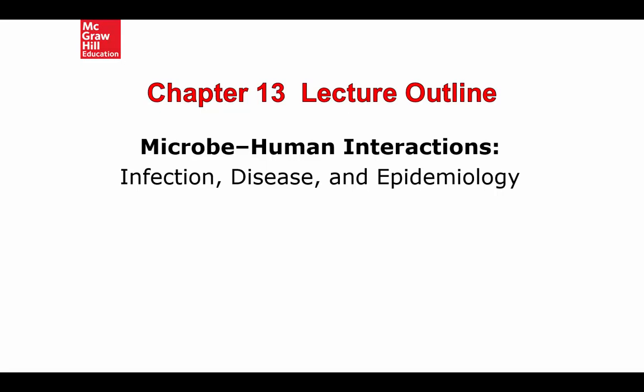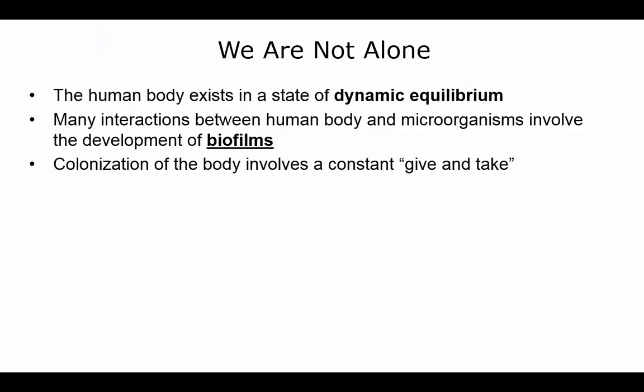Today we're looking at Chapter 13, how microbes and humans interact to cause infections and diseases, and we're going to talk about the epidemiology of this. Our body exists in a state of ever-changing equilibrium, and sometimes the balance tips in favor of the microbes.